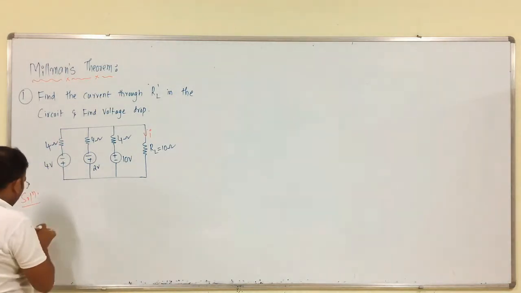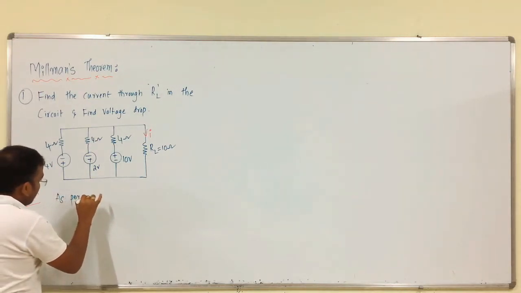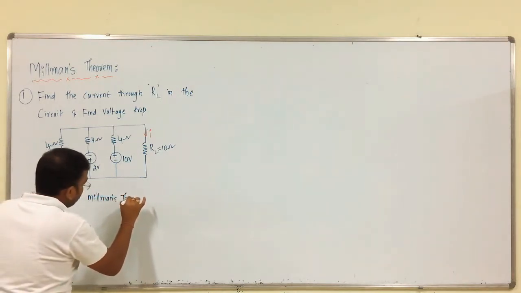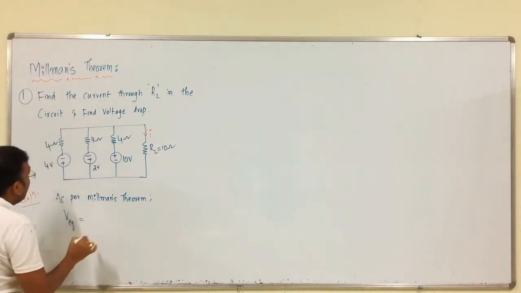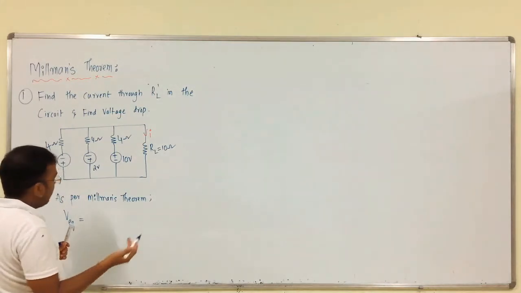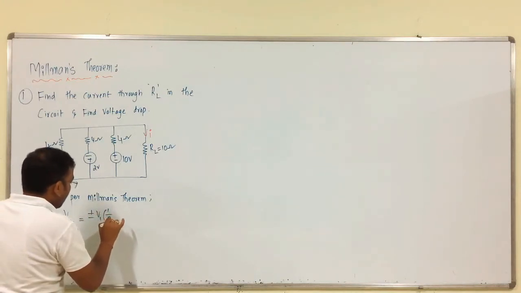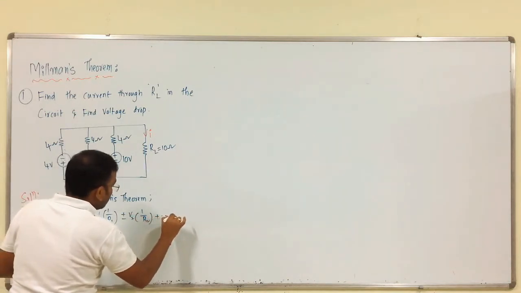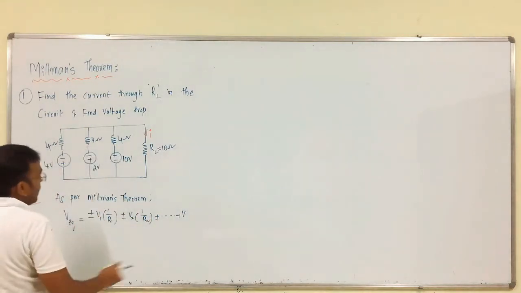Therefore, what is the formula for V equivalent? As per Millman's theorem, V equivalent is equal to what? Plus or minus V1 into 1 by R1, plus or minus V2 into 1 by R2, and so on. Here how many sources do we have? 3.